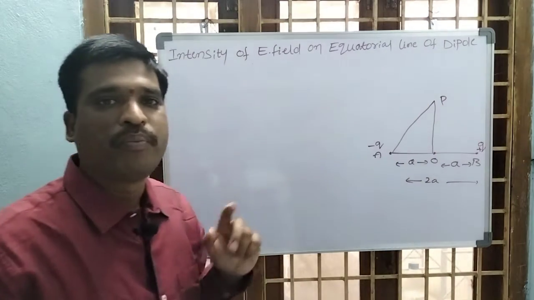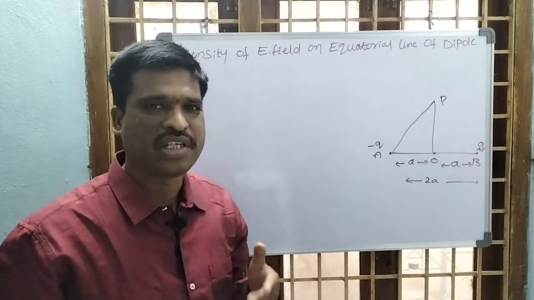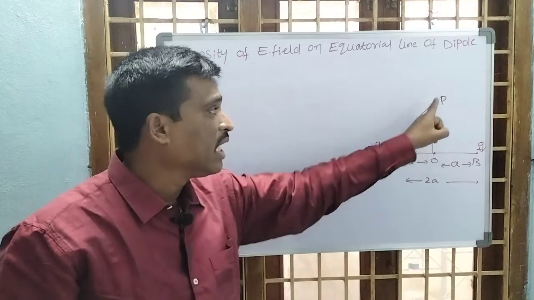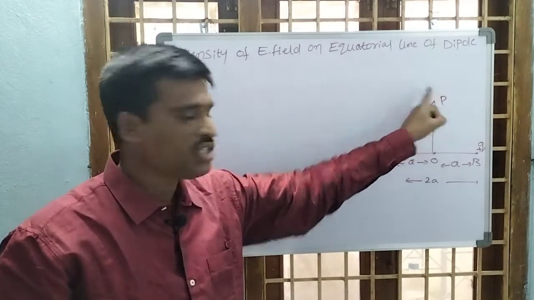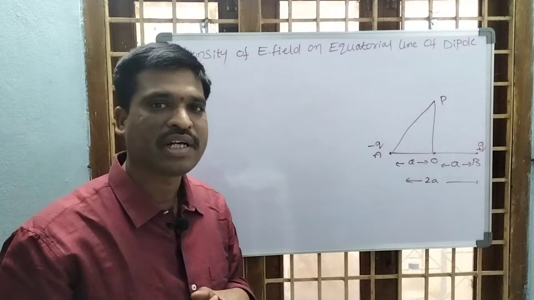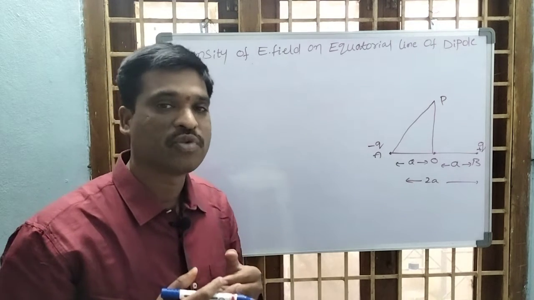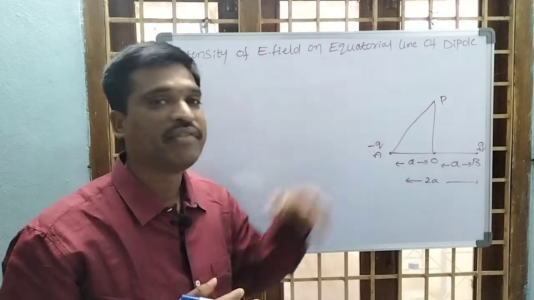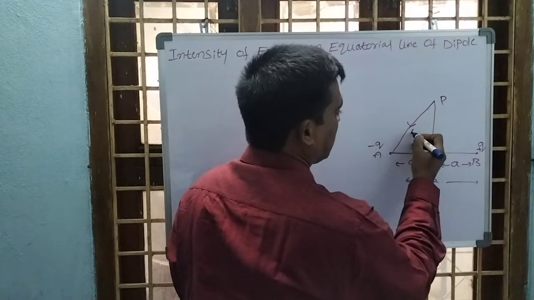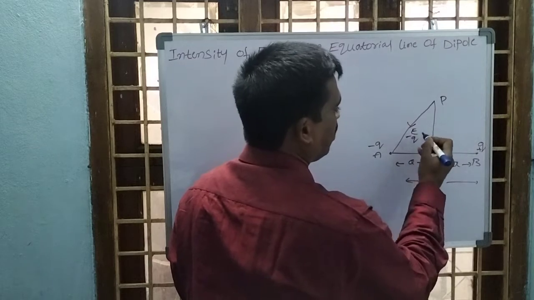One positive test charge is kept at point P. Here is a negative charge, so which type of force is acting, attraction or repulsion? Attraction force is acting because they are unlike charges. So the intensity of electric field is in this direction, that is E minus q.